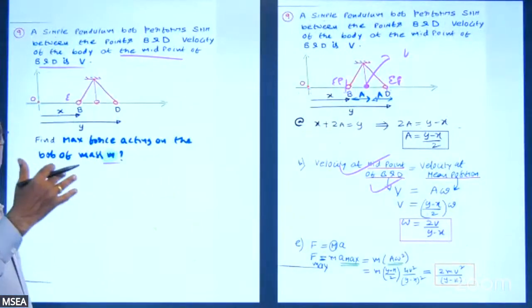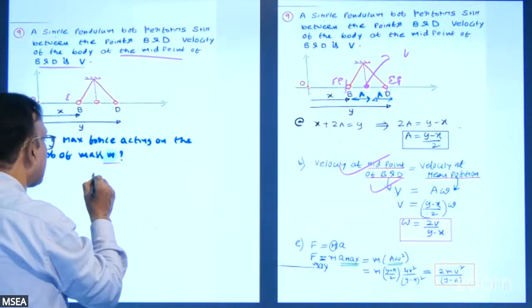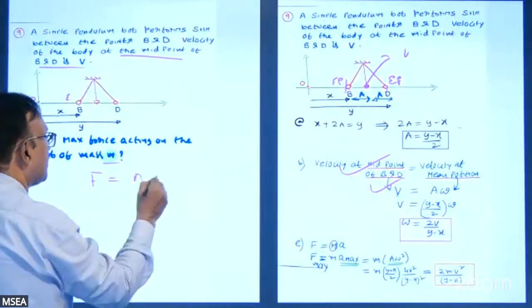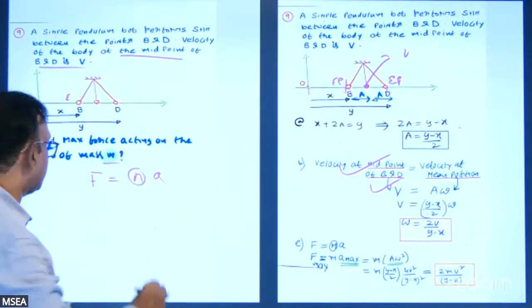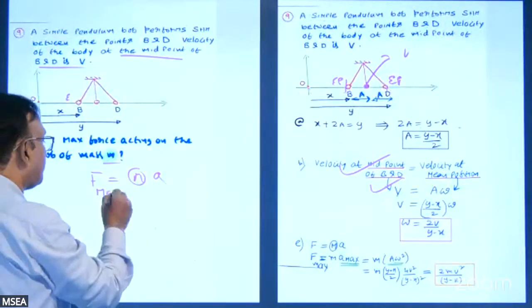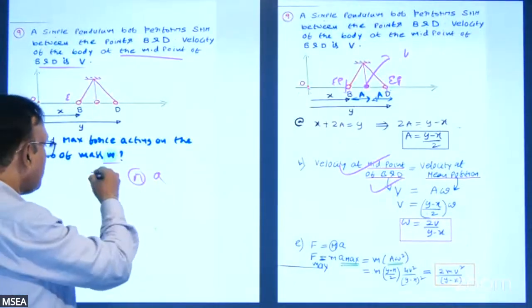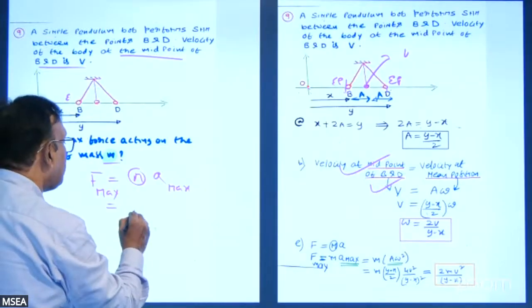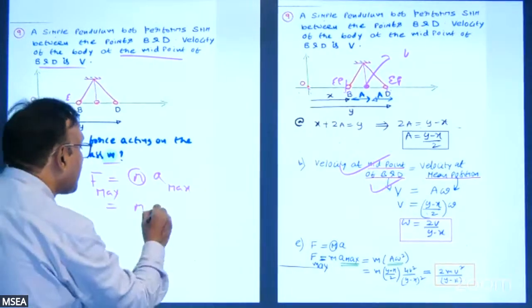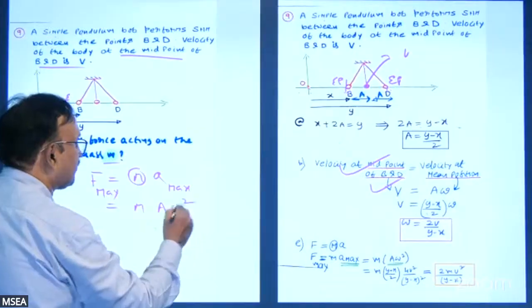First, you have to understand the formula for force: mass into acceleration. Mass of the bob is already given as m. Now I want the maximum force. Mass is constant, so force to be maximum means acceleration is to be maximum. Maximum acceleration comes out to be a omega square.